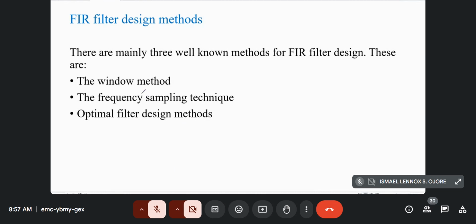You have to truncate. That's why we use a window. You have to truncate that ideal h of n, that ideal impulse response, so that it's realizable, so that you can have a reasonable number of delay elements, because that is one of the most critical parts of a filter.